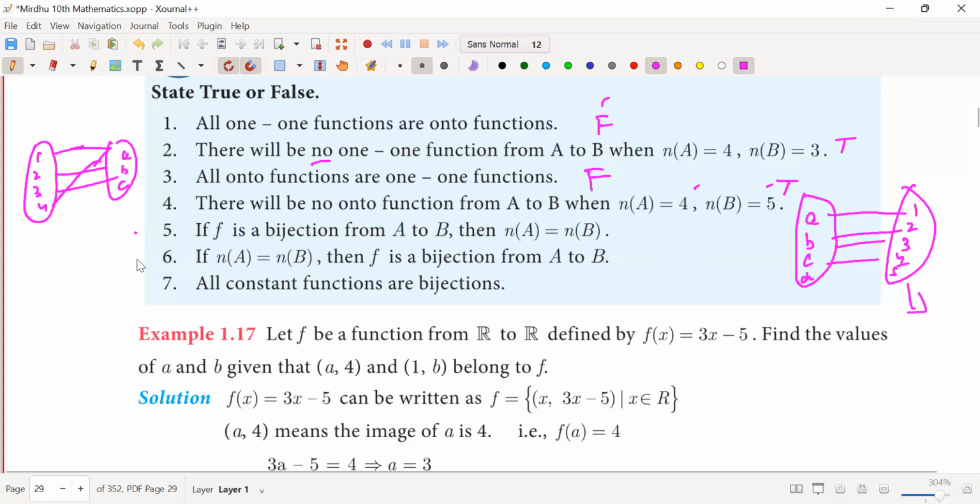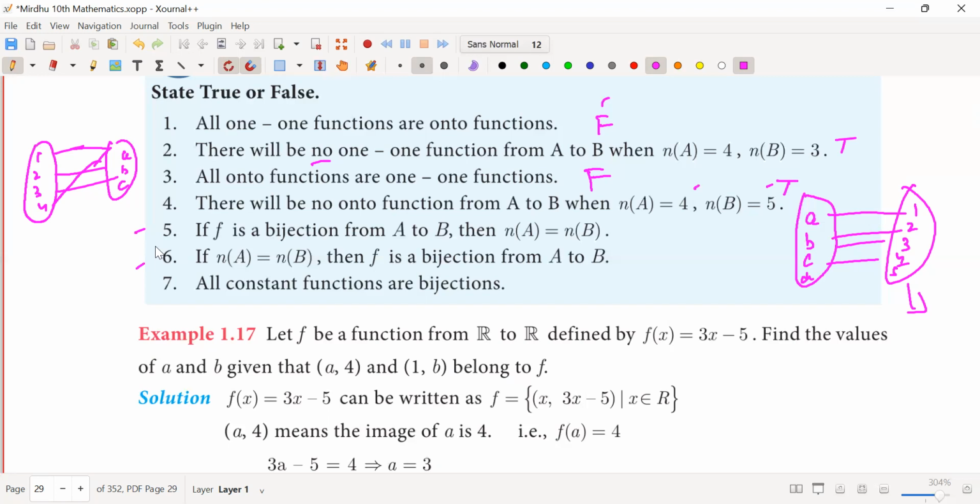They only gave n of A and n of B. A is 1, 2, 3 and B is A, B, C. I can map 1 to A, 2 to A, and 3 to A also. Or you can say 1 to A, 2 to B, and 3 to C. We can't predict with n of A equal to n of B alone that it is a bijection.